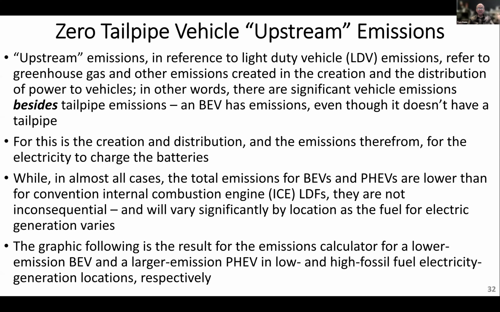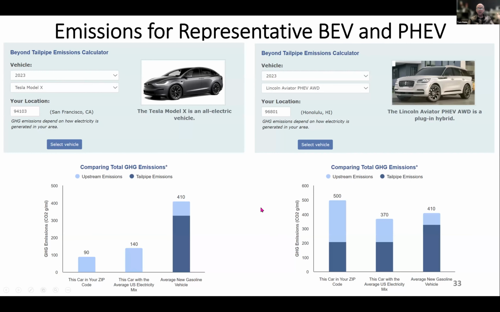In some cases they're small, but they are not inconsequential, even in the best case. I went to the EPA, and they have a nice little tool, and I ran two examples. This is a pretty good, efficient, all-electric vehicle.